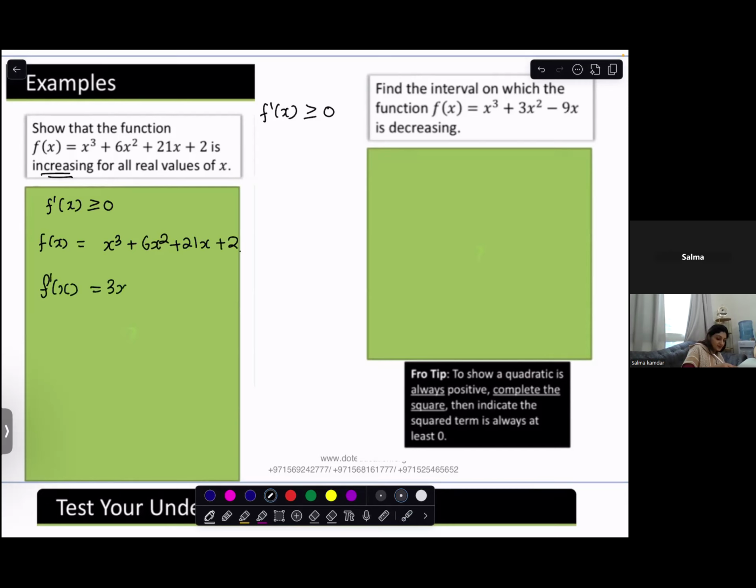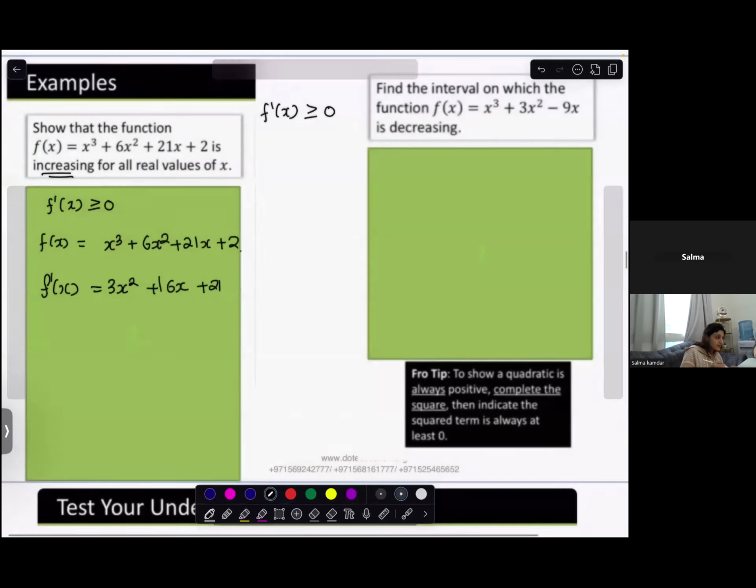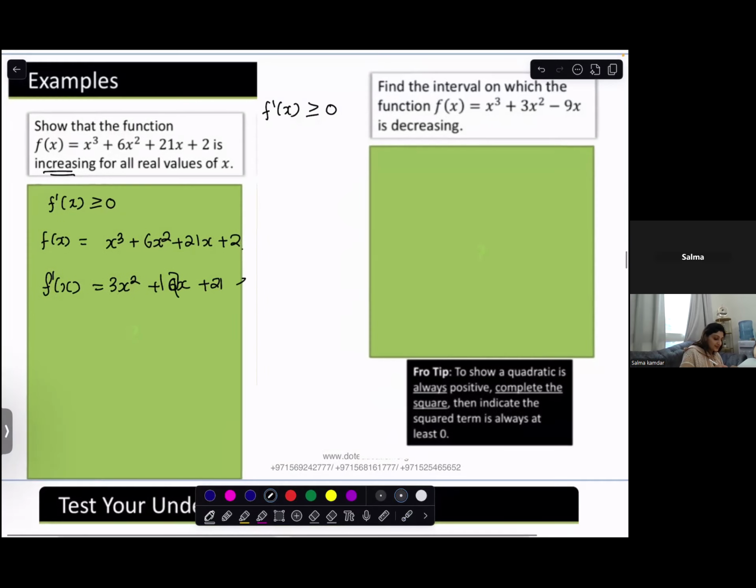What is it? 3x square plus 12x plus 21 is greater than or equal to 0. Can I divide it throughout by 3? So it would be x square plus 4x plus 7 is greater than or equal to 0.